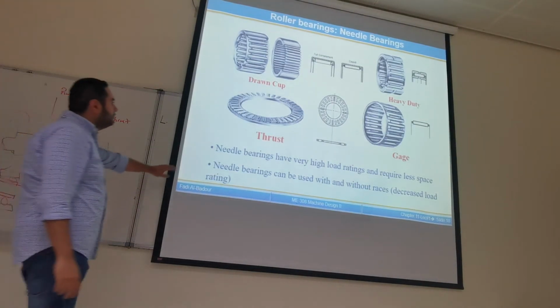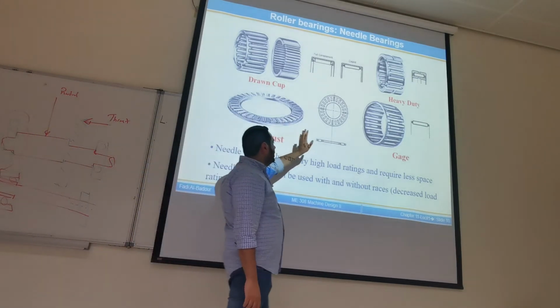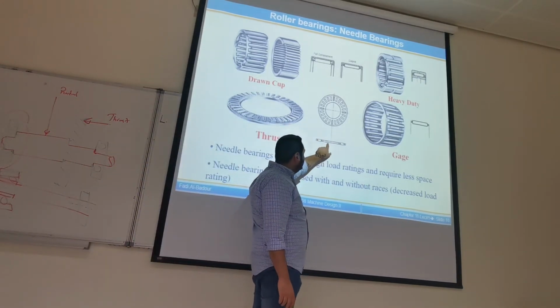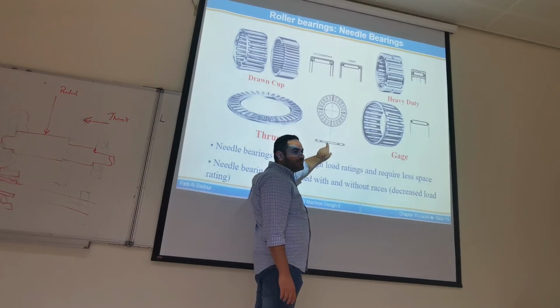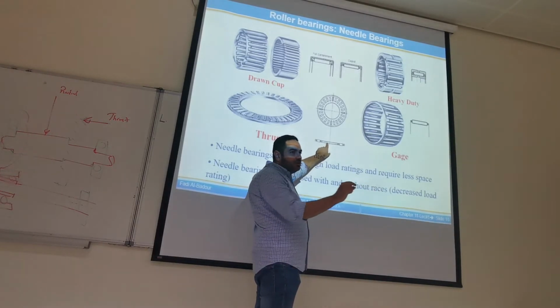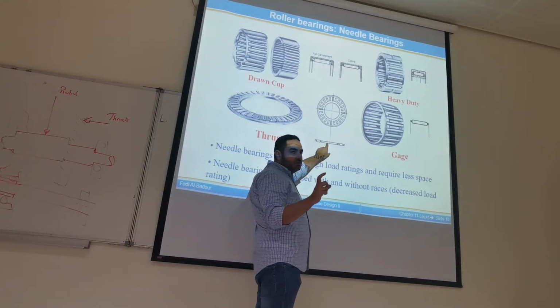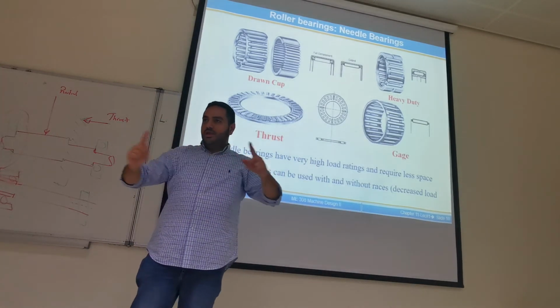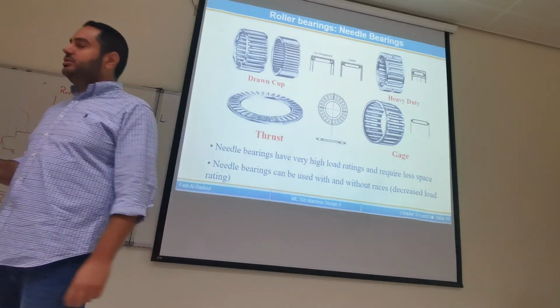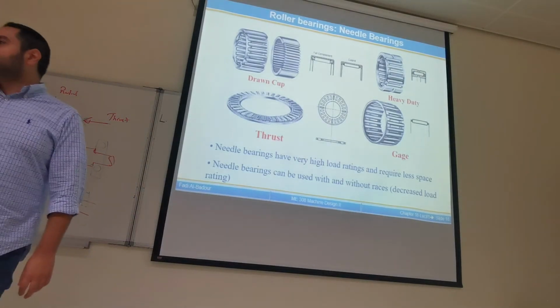The needle type is simply like the cylindrical roller bearing, but instead of using a plain cylinder, we are using thin cylinders. The ratio of the radius of the cylinder to the length of the cylinder is small. Now, what's the beauty about this?